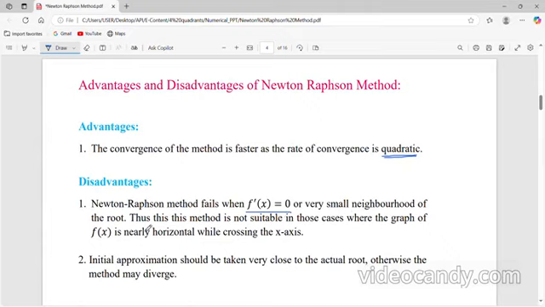Thus, this method is not suitable in those cases where the graph of f(x) is nearly horizontal while crossing the x-axis. And number 2, the initial approximation should be taken very close to the actual root. Otherwise, the method may diverge.